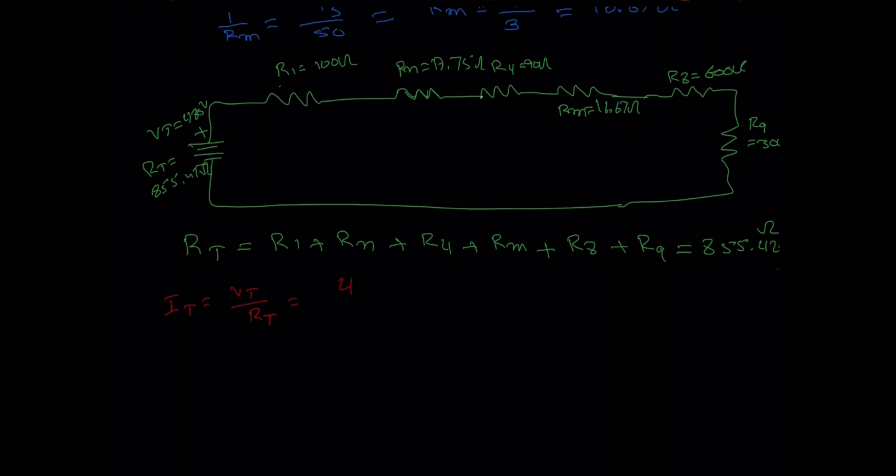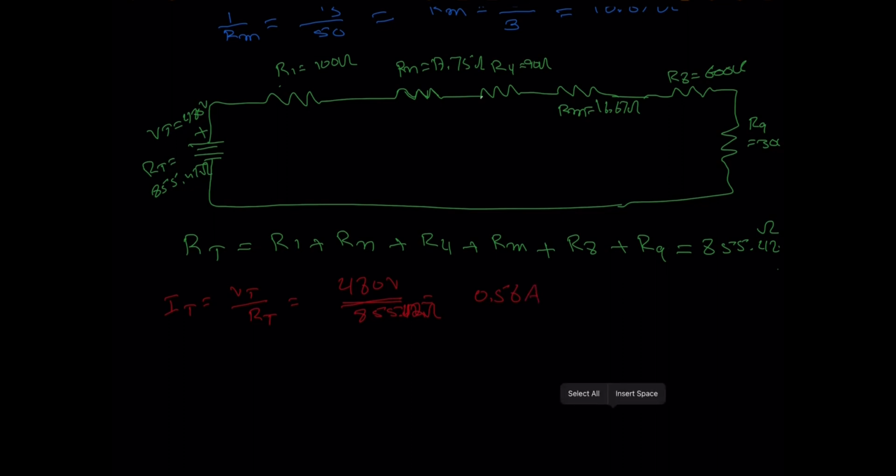So 480 divided by 855.42 will give me 0.56 amp.